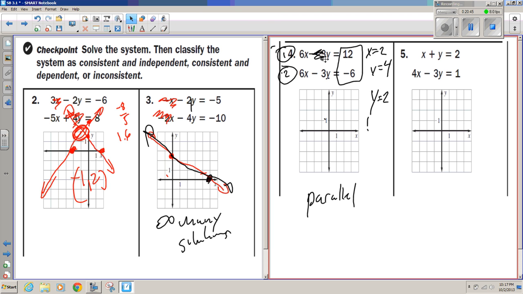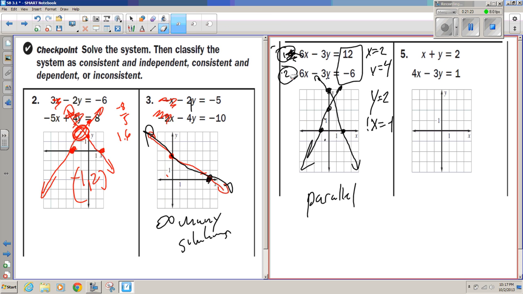Oops. So y is 4. So 2 and 4. Here y is 2, x is negative 1. You graph it. Uh-oh. You can see we've made a mistake somewhere in here.